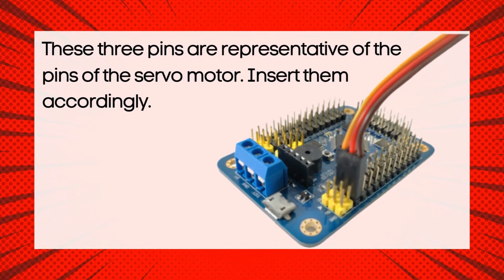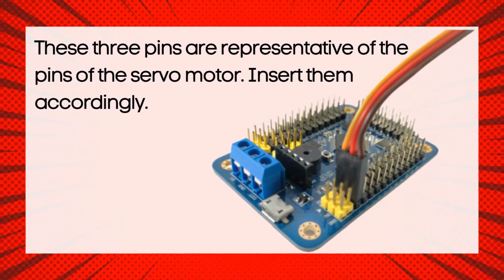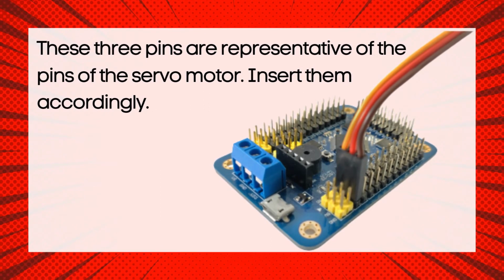Here are the 3 pins. The 3 pins represent the pins of the servo motor. Insert them accordingly. When you are connecting the pins of the servo motor, make sure you insert them correctly, so that our robot arm will work as we program it.